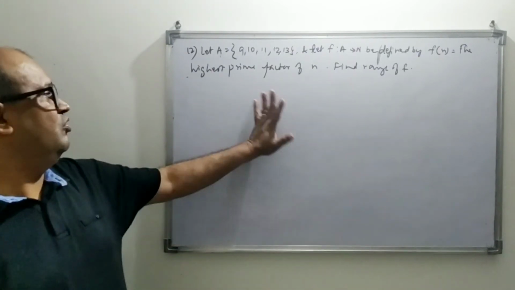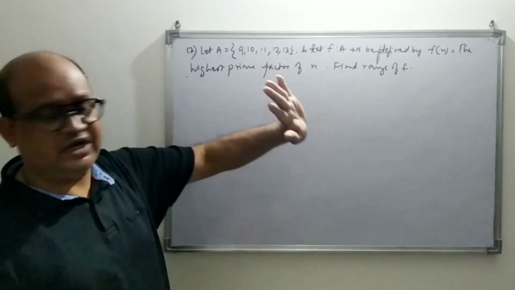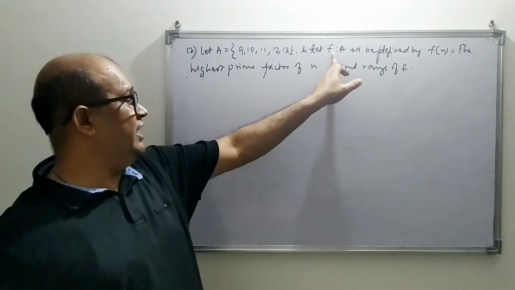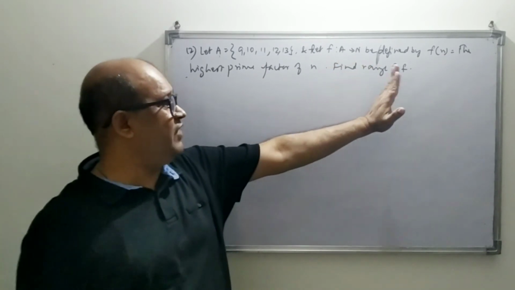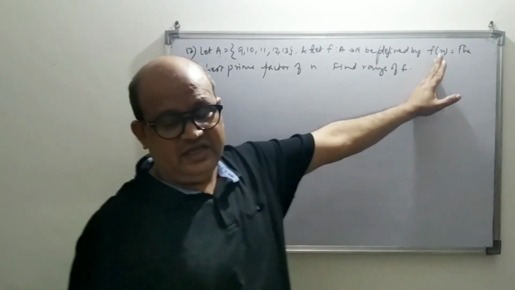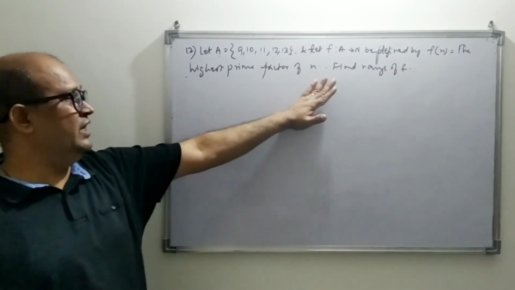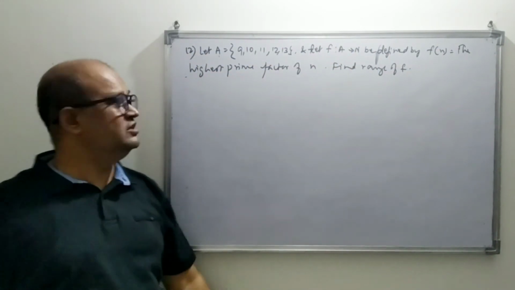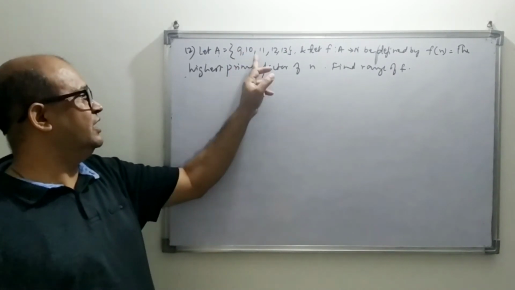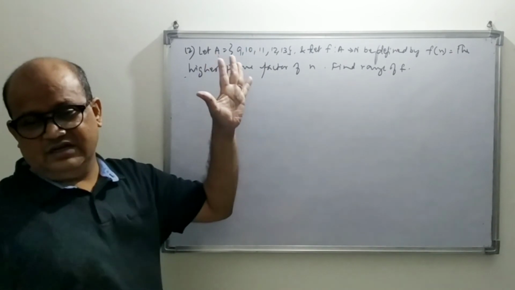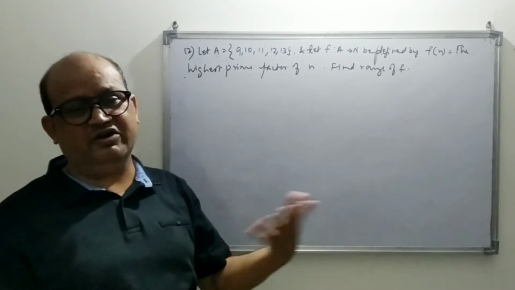Basically. Now they are telling: let A equal to {9, 10, 11, 12, 13} and let the mapping from A to N be defined by f(n) equal to the highest prime factor of n. Find the range. So what we do: we find the prime factors of 9, 10, 11, 12 and 13. Whatever the prime factors, the set of those will be your range.